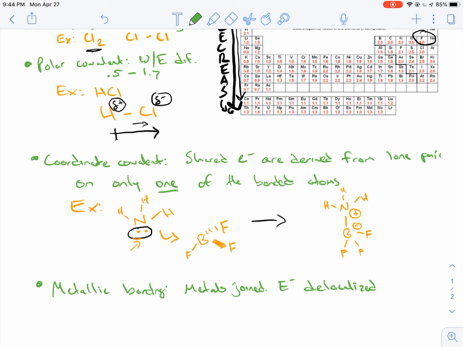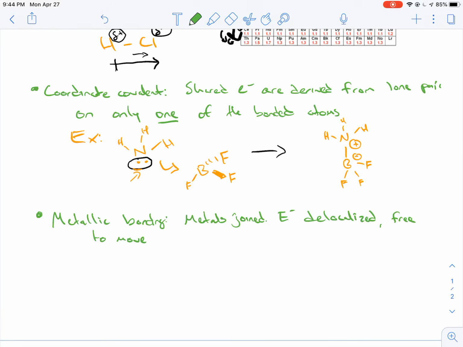That is the so-called sea of electrons that you've probably heard your chemistry teacher refer to. That just means that the electrons are free to move throughout the solid. This allows for the conduction of heat and electricity. So those are two very solid traits.